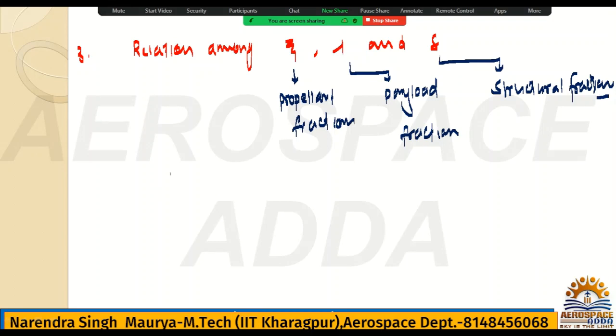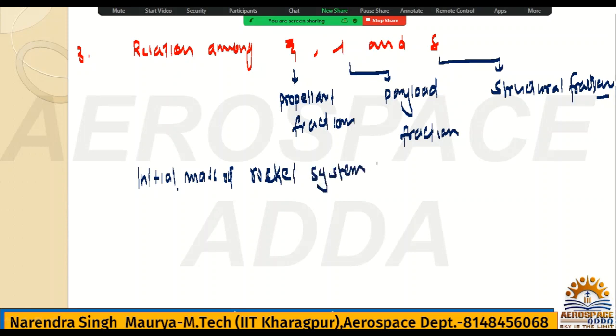Check. What is the initial mass of the rocket system? It is m0.